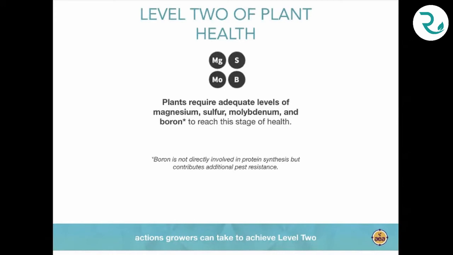This is why, in the examples that I just provided, putting on a foliar application or a fertigation application of plant nutrition can cause plants to become resistant to insects and to diseases in these first 2 levels of plant health within a matter of hours or days.